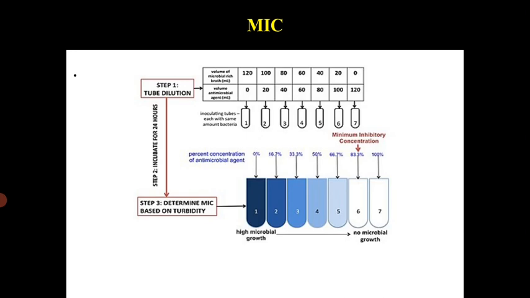These results have been graded into susceptible, intermediate, resistant to a particular antimicrobial by using a breakpoint. What is the breakpoint? Breakpoints are agreed upon values which are published in guidelines of a reference body such as CLSI, Clinical Laboratory Standards Institute, the British Society for Antimicrobial Chemotherapy, or the European Committee on Antimicrobial Susceptibility Testing. Fine.